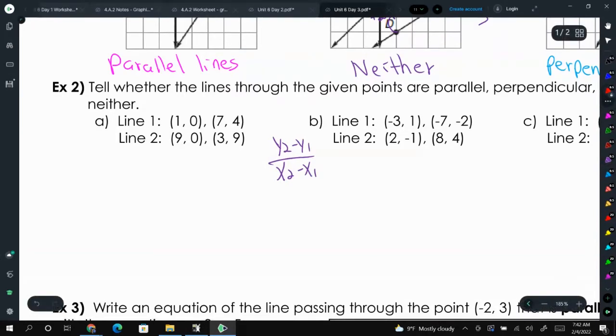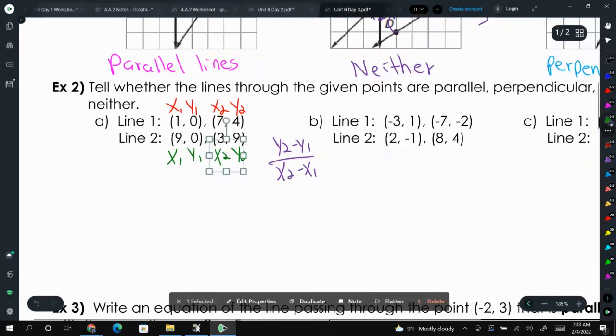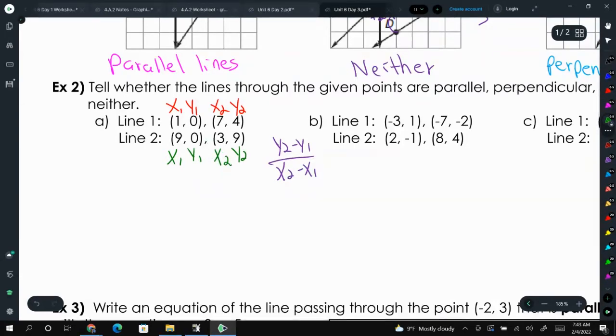So we're going to do it twice for each problem. So here's x1, y1, x2, y2 for line 1. And then for line 2, x1, y1, x2, y2. So each of these problems is going to have us do the slope formula twice.